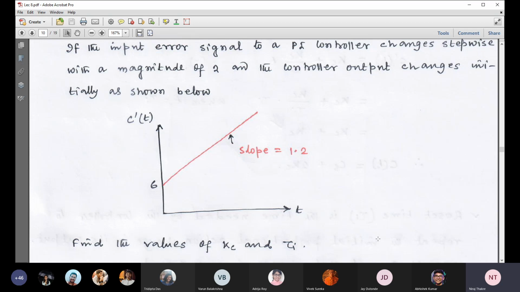Find the values of Kc and tau I. Okay, so you can let me know the answer in the next class.